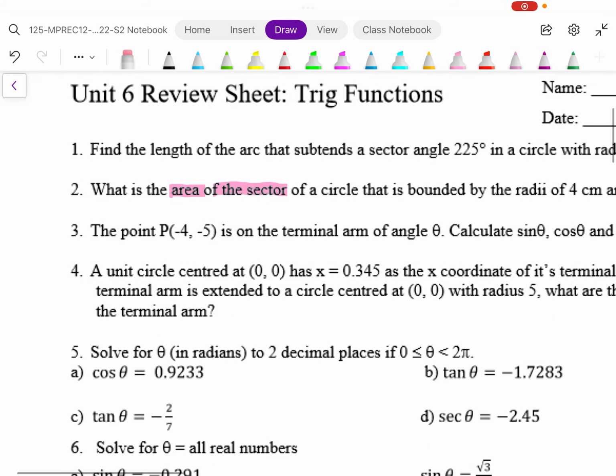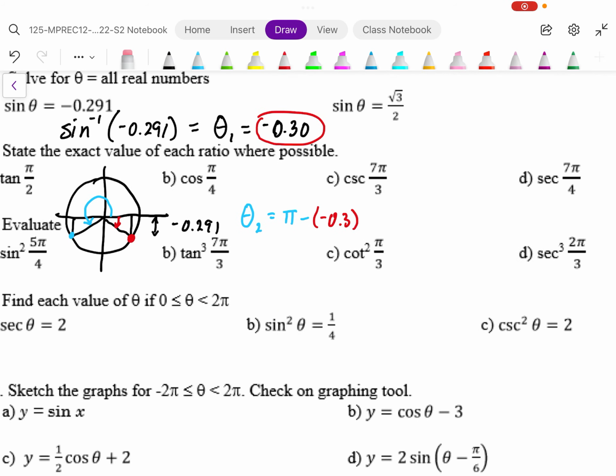Okay, so pi minus negative 0.30 is the same as pi plus 0.3. So we can see that we're going to add that little bit of angle that we went backwards with.